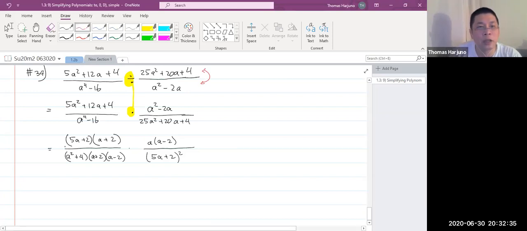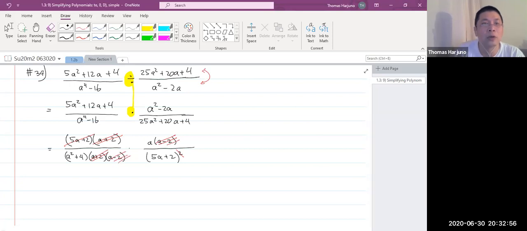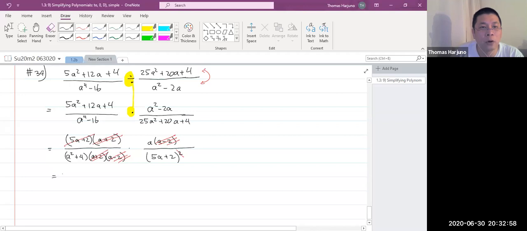Canceling, notice that I can cancel 5a plus 2 with one of these. So I still have 5a plus 2 in the denominator. And then I can cancel this guy with this guy. So in the end, I have in the numerator a only, over the denominator a squared plus 4 times 5a plus 2.